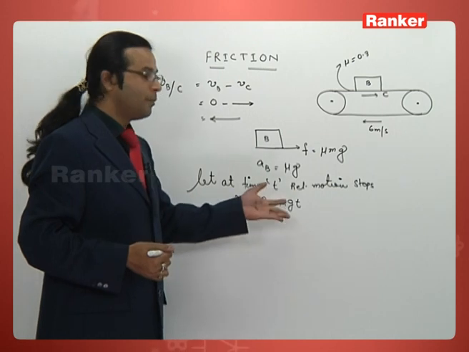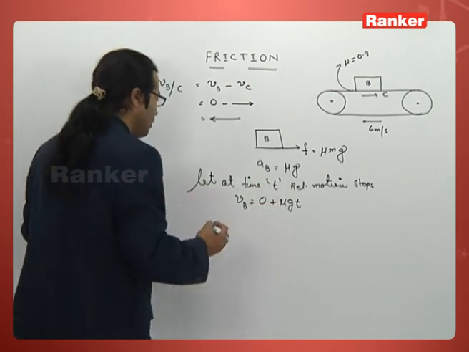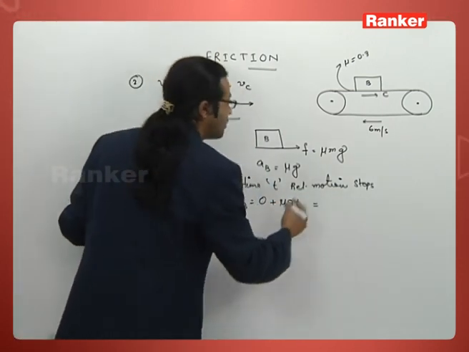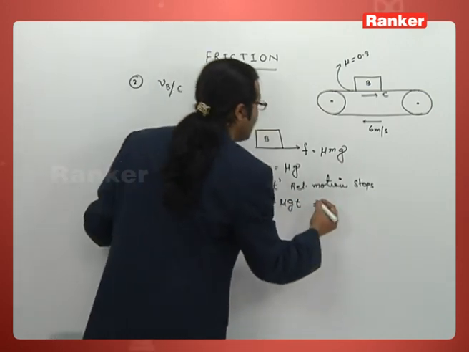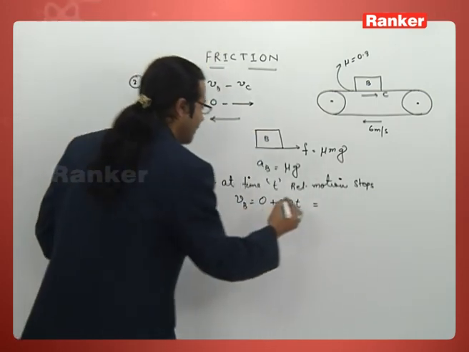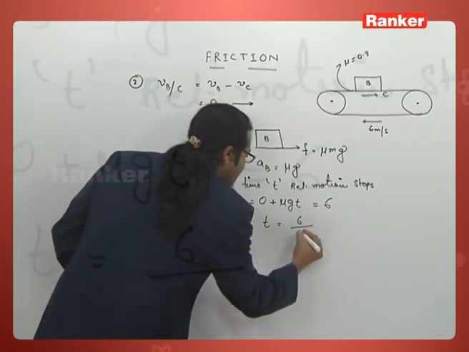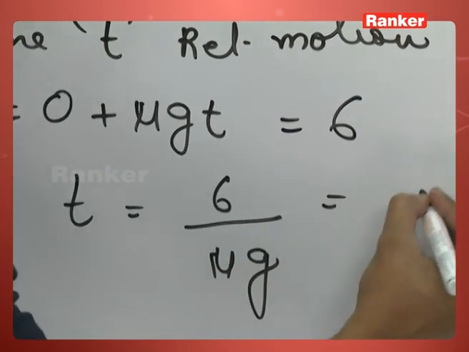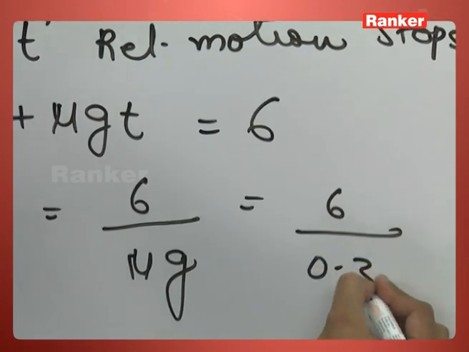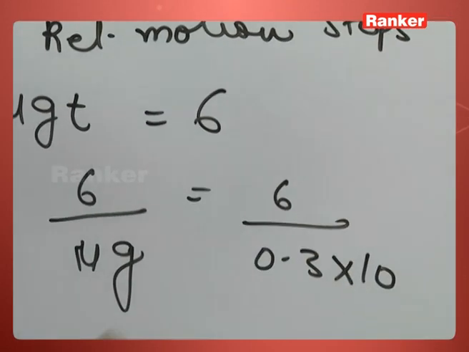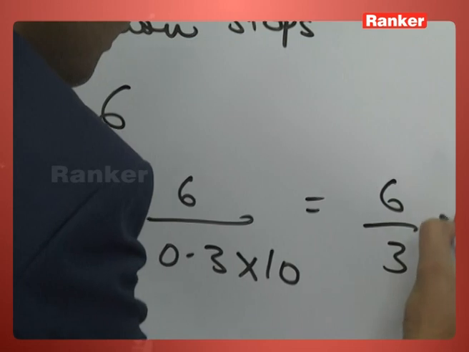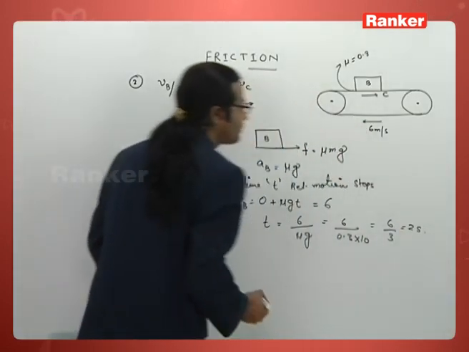So Vb equals mu g t. This must be equal to velocity of the conveyor belt, which is given as 6. So t is equal to 6 divided by mu g. So 6 divided by 0.3 times 10, so this is 6 by 3, that is 2 seconds.